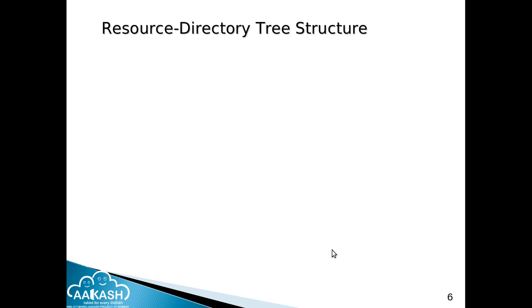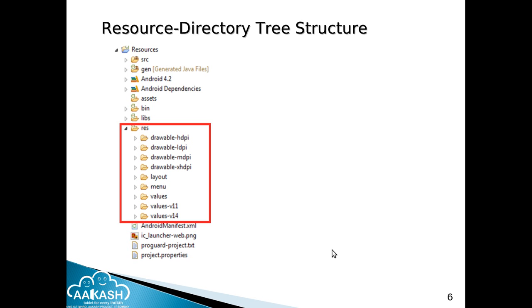Now resource directory tree structure. Now for where and how these resources are stored, have a look at the resource directory tree structure. In this tree structure, resources are placed inside the project root directory.